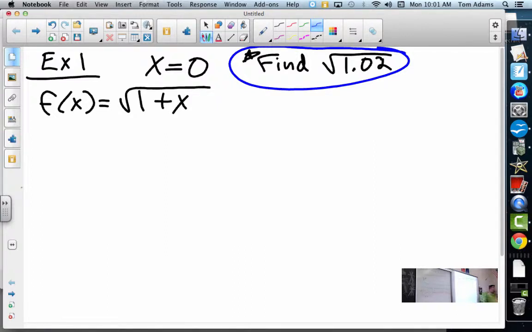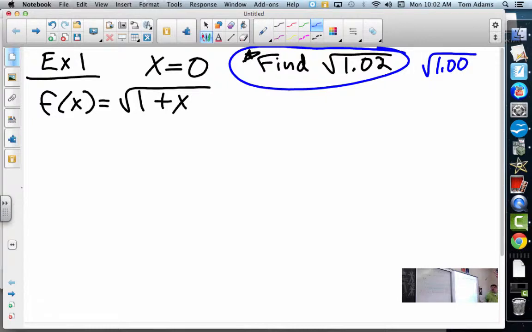All right? So this occurs when, if I rig up the problem in the real world, I would rig up an equation that I could solve without a calculator that would be very, very close. So what's very, very close to 1.02? 1.00, right?